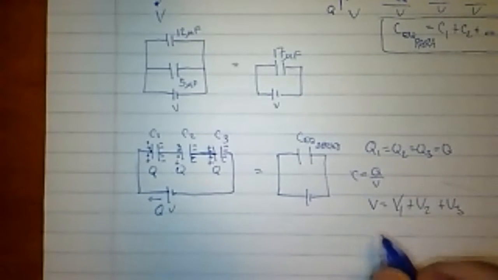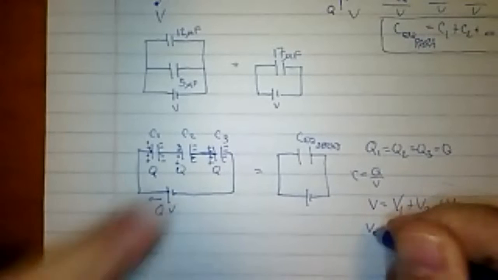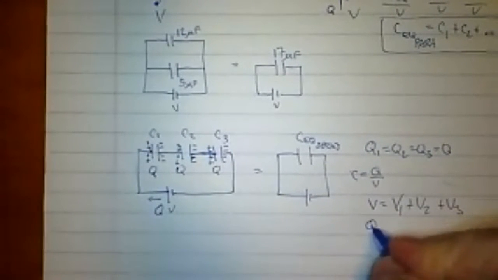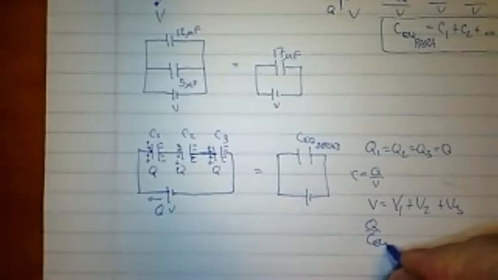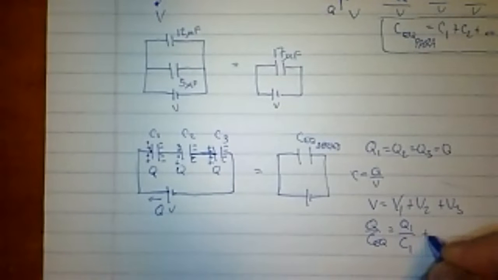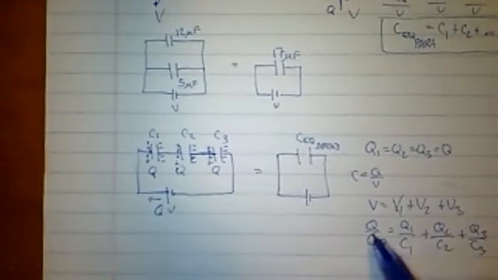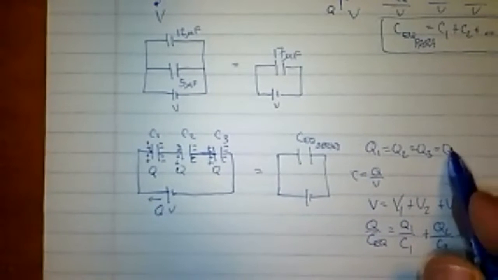So that tells me that V is equal to V1 plus V2 plus V3. Solving that for voltage, I end up getting C equivalent: Q over C equivalent is equal to Q1 over C1 plus Q2 over C2 plus Q3 over C3. But as I said, again, these Q's are all equal.